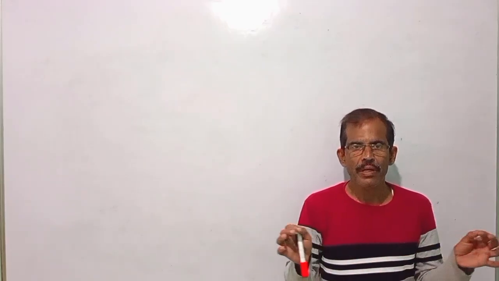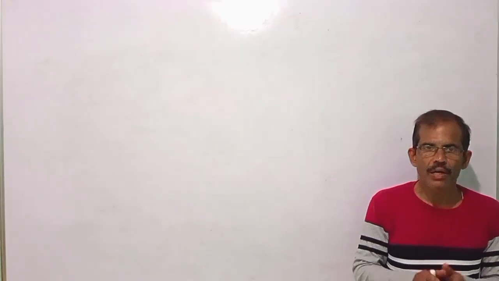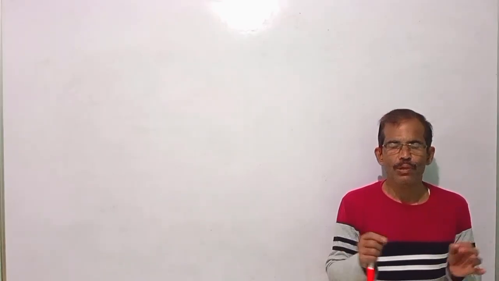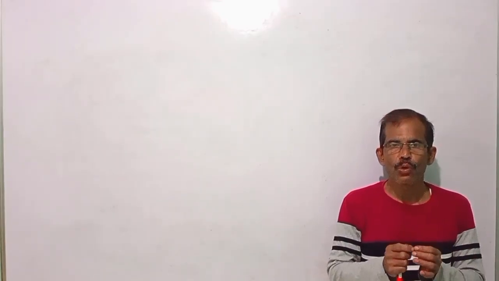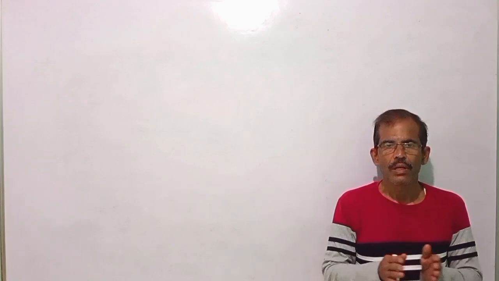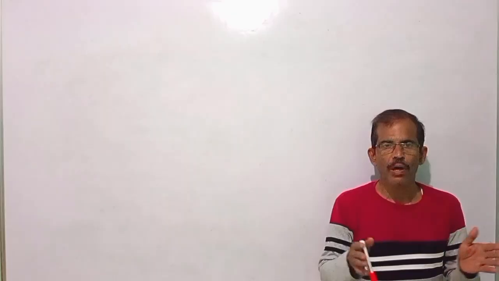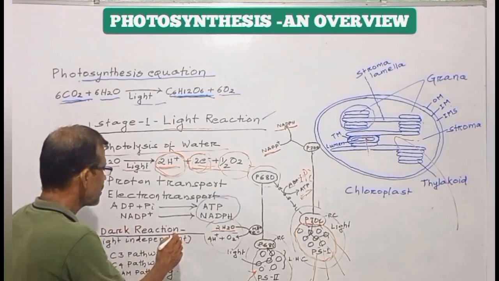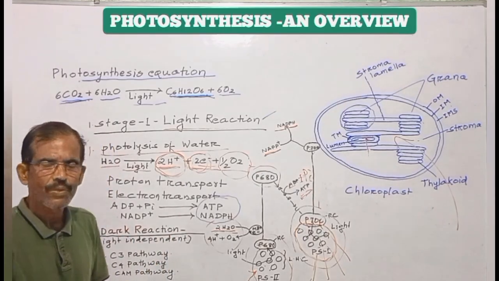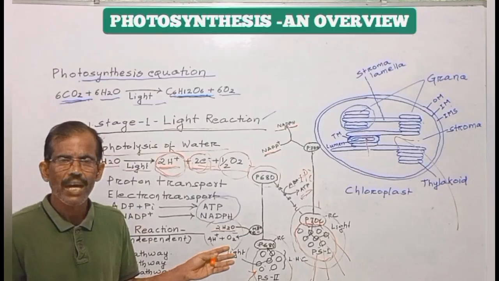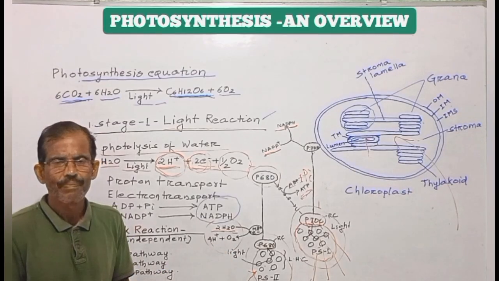This ATP and NADPH are used in the second stage of photosynthesis, known as dark reaction, in order to reduce carbon dioxide into carbohydrates. Second stage is dark reaction, which is also known as light independent reaction.